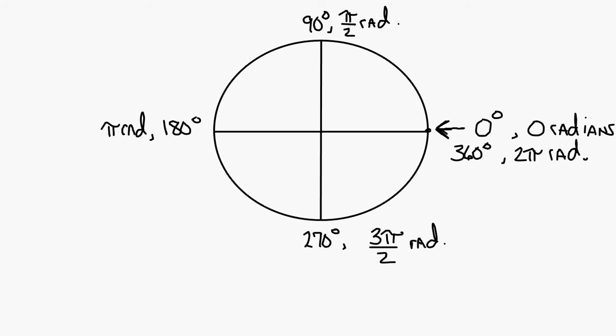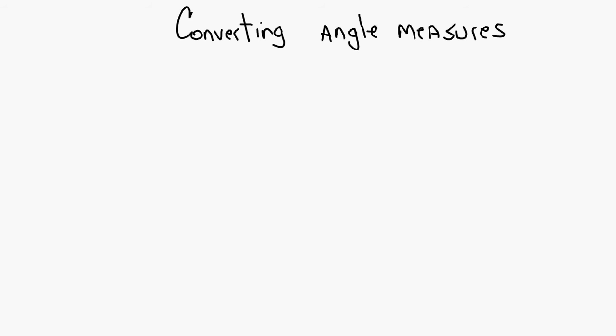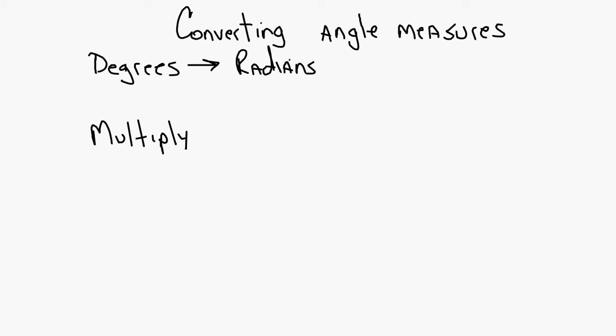All right, so down on the bottom of page 816, it talks about converting angle measures. And degrees to radians. So degrees to radians. Multiply by pi radians over 180.